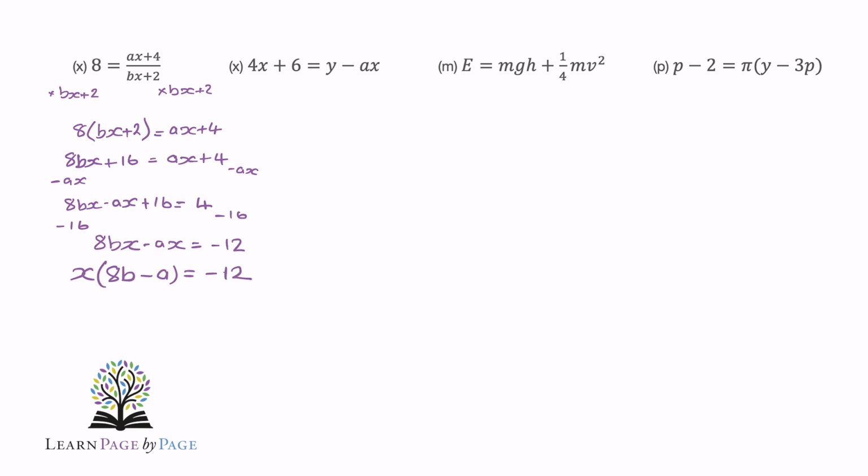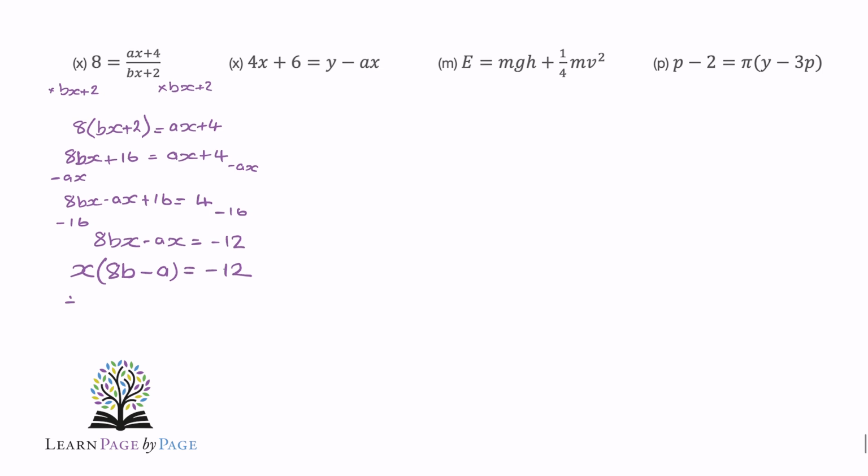Now we just divide both sides by 8b minus a, divide that side by 8b minus a, and then this side by the same. And we end up with x equals minus 12 all over 8b minus a. And that one's done.